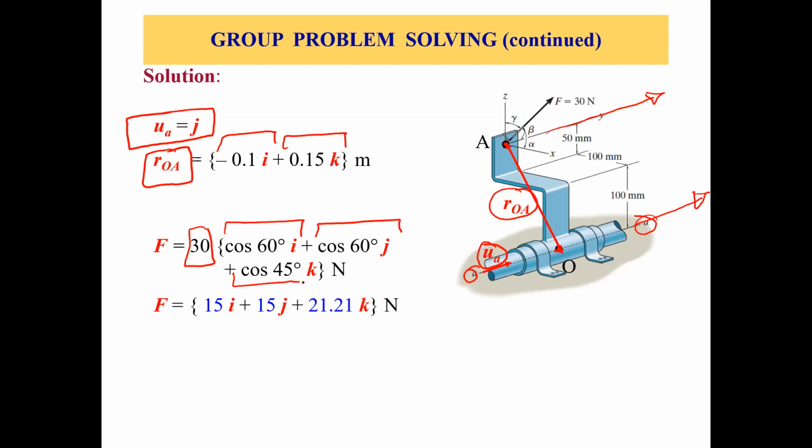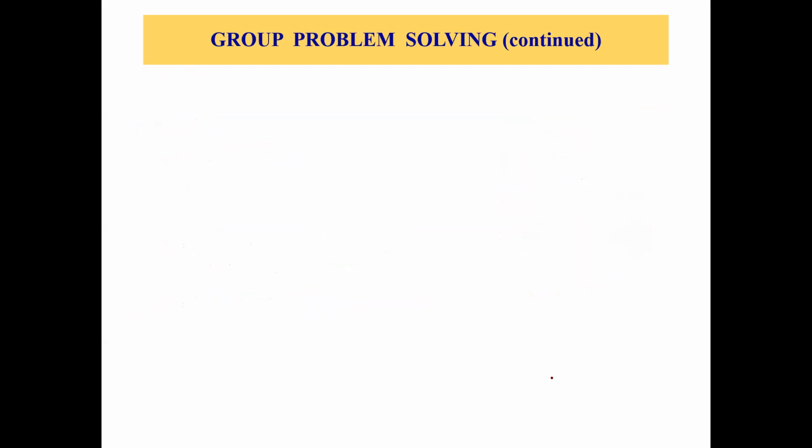So cosine of 45 degrees times k, and newtons is the unit. So this is the force vector in Cartesian form: 15i plus 15j plus 21.2k, in newtons. Now we have everything we need: the unit vector, the position vector, and the force vector.